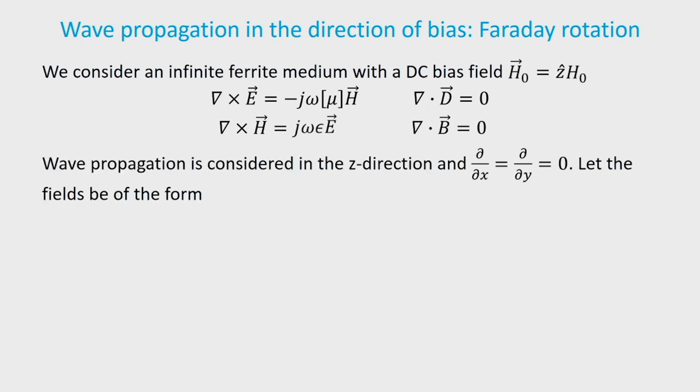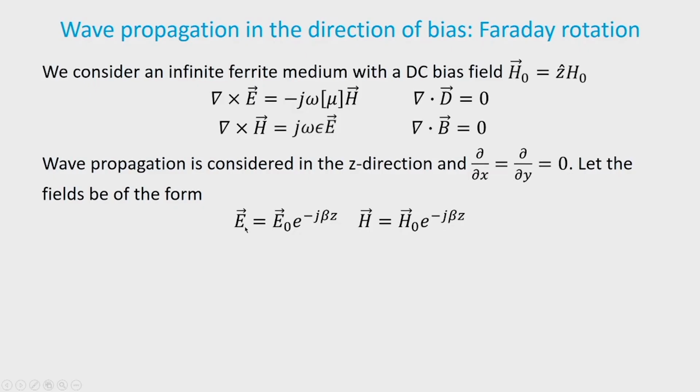Now, we consider a plane wave propagating along z, and for a plane wave propagation we will have del/del x equal to del/del y equal to 0, and also let us assume that the propagating fields can be described by E equal to E naught e to the power minus j beta z, H equal to H naught e to the power minus j beta z. So, we are only considering the phasors.